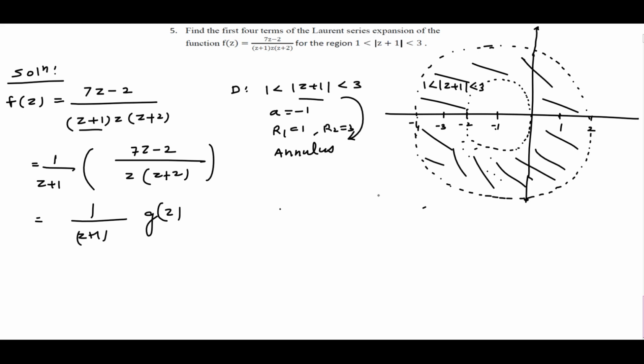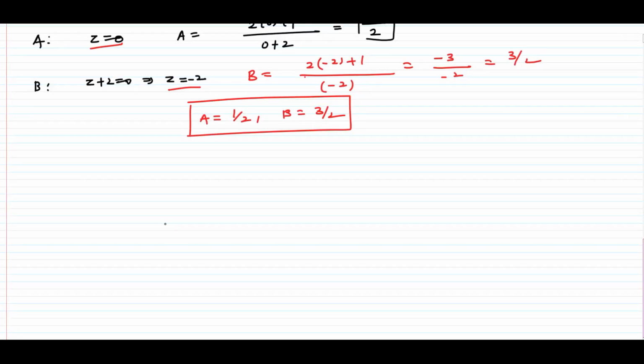So now here g of z can be written as A/z + B/(z + 2), because in the denominator both have a linear factor. So by using the partial fraction method we can find the values of A and B. So now (7z - 2)/(z(z + 2)) can be written as A/z + B/(z + 2).